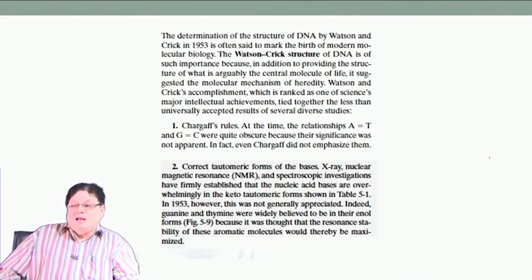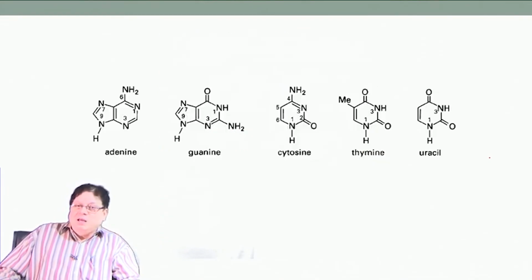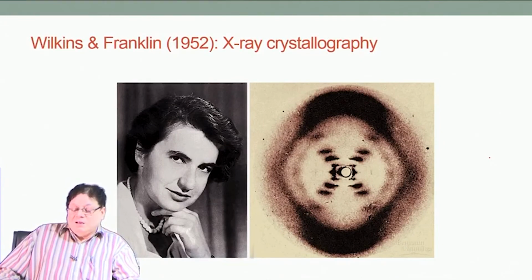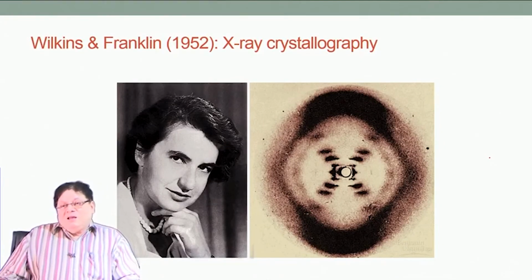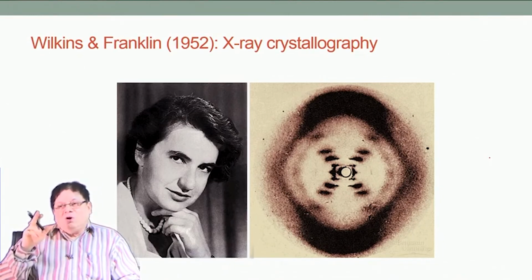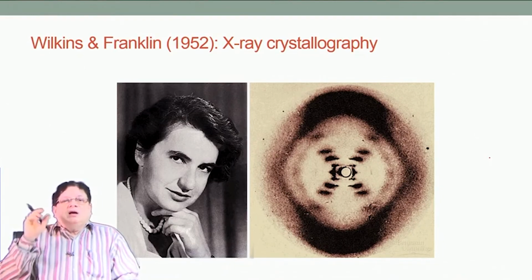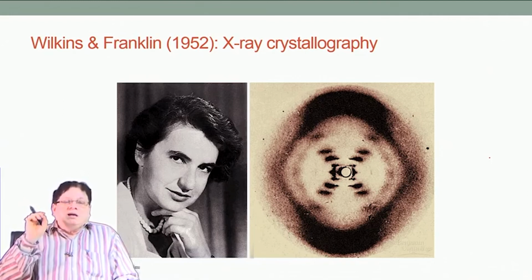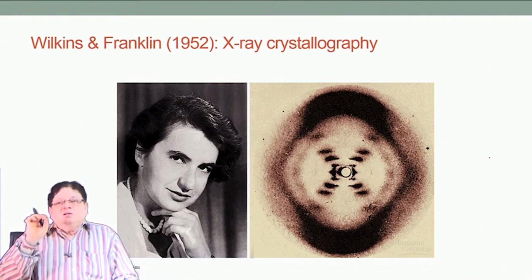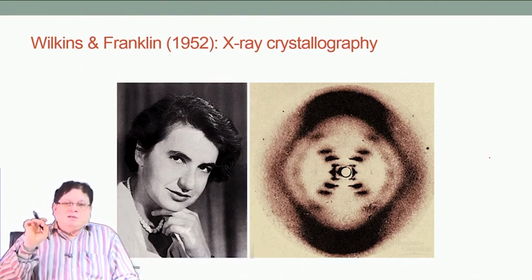Crick was very good in X-ray crystallography, so immediately after seeing this, he knew that the DNA is helical. The only problem was they could not come up with an explanation for why the percentage of A is equal to the percentage of T, Chargaff's rule, and the percentage of G is equal to the percentage of C.